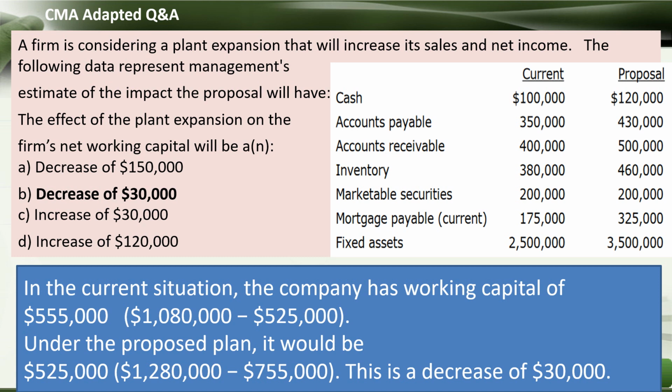For that purpose, we need to calculate the net working capital. The net working capital, whether decreasing or increasing, is the question. So we need to calculate the net working capital from the current as well as the proposal. To calculate the net working capital, it is current assets minus current liabilities.